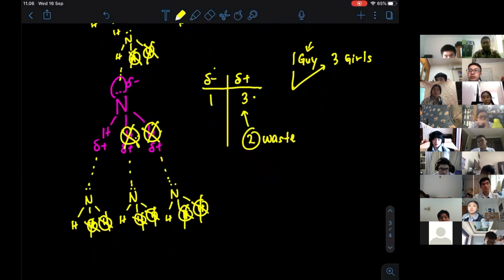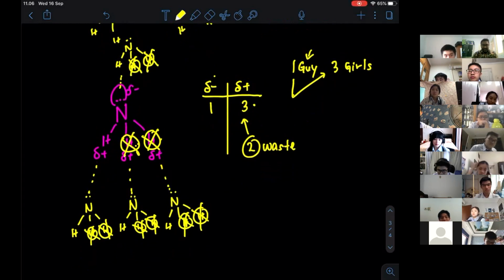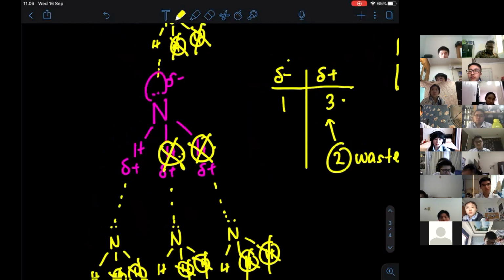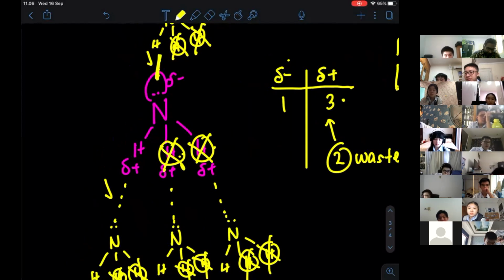So in total, how many bonds do you have? You can see from this diagram there's one and another one. And I told you, if you are partnering delta negative with delta positive, you just stick to one. Here you see delta negative to delta positive, and this one will belong to this molecule.